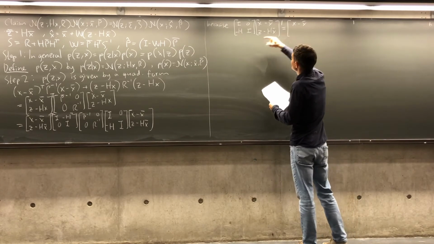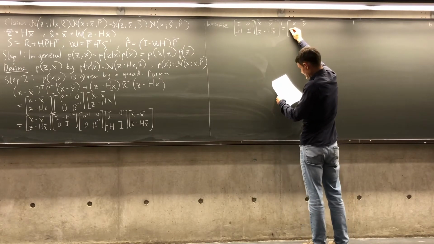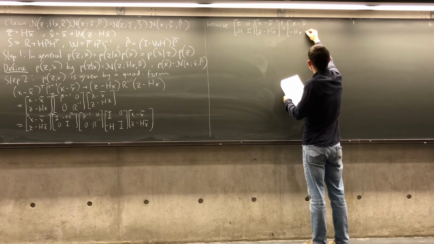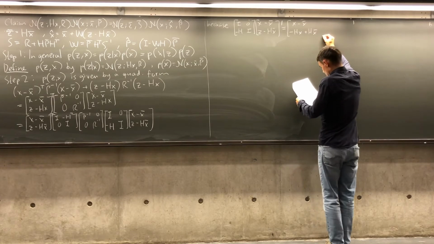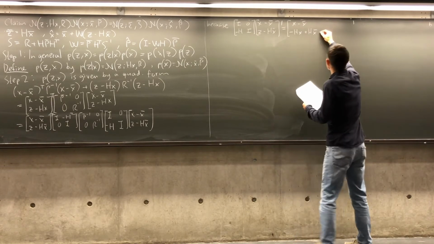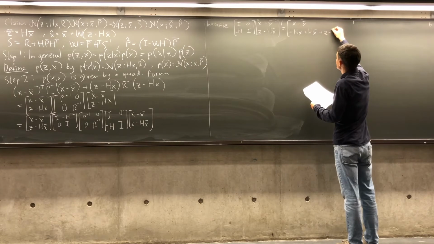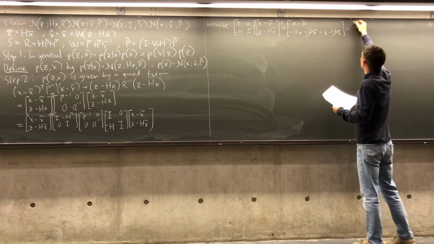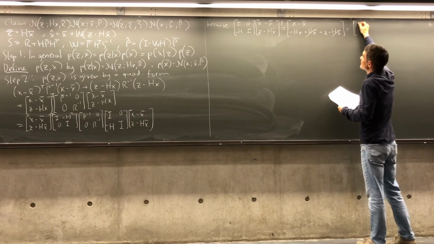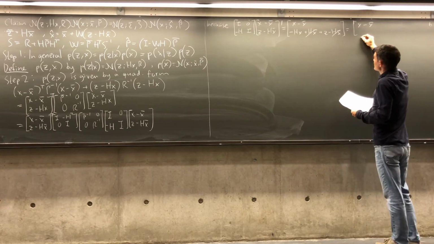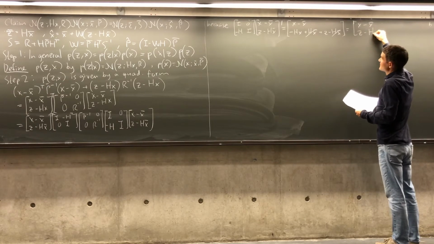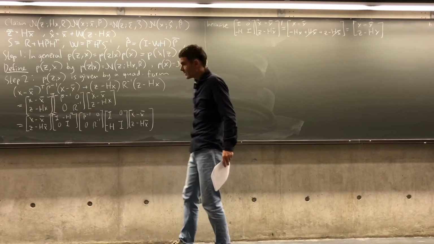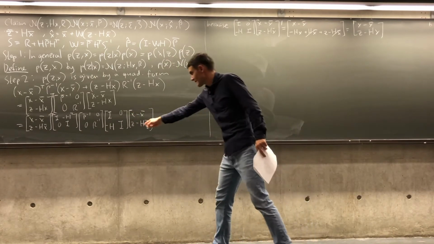For the lowermost one, I have H times x minus x bar, which gives me minus Hx plus Hx bar. And then I have identity times this, so I get z minus H x bar. These H x bars I can cancel, and I'm left with x minus x bar on the top, of course, and z minus H x, which is what I have here, and then I've shown that I can get here.